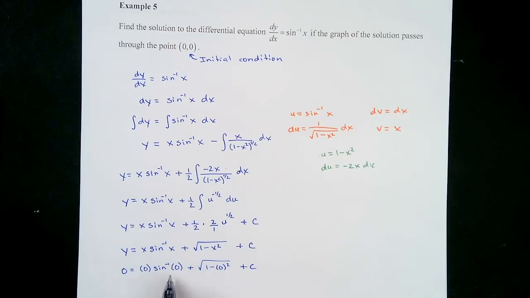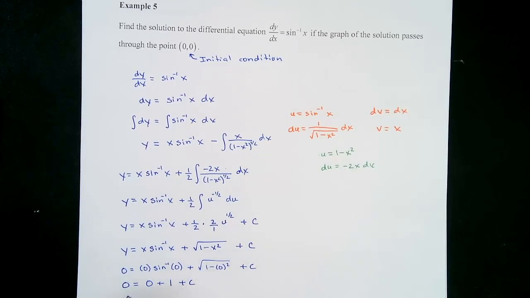All right. So sine inverse of 0, well, what angle would give you a ratio of 0 for sine? Well, it'd be angle 0 times 0. So this is just all going to be 0 right here. So this is 0 is equal to 0 plus, and this would be the square root of 1, which is just 1 plus c.